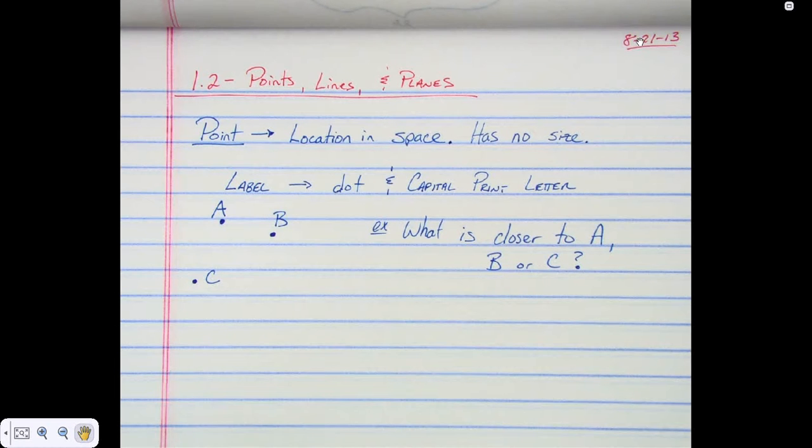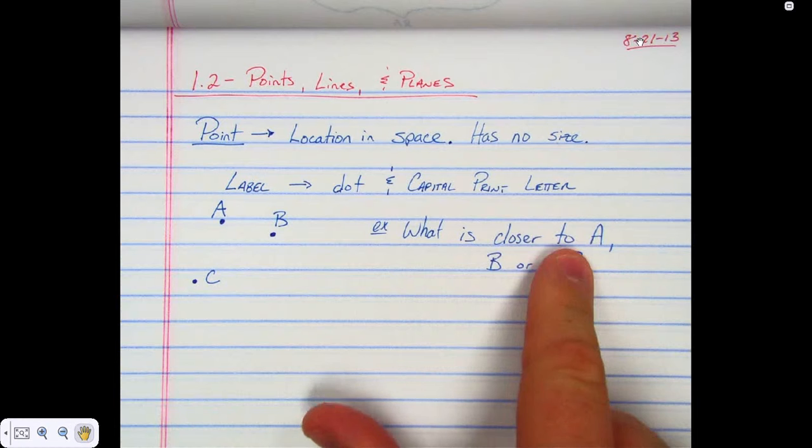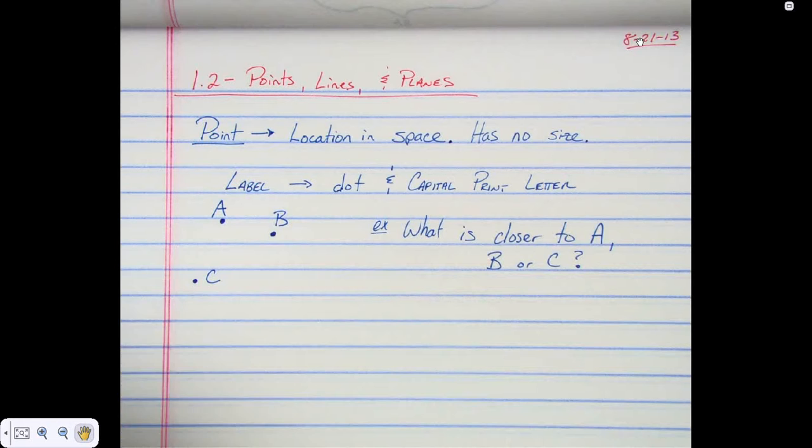If you were in an English class, it'd be probably about the alphabet. In a geometry class, it's very different. A capital A, I don't have to write the word point. How you should read this in geometry is, what is closer to point A, point B, or point C? Because anytime we say a print capital letter, what are we talking about?